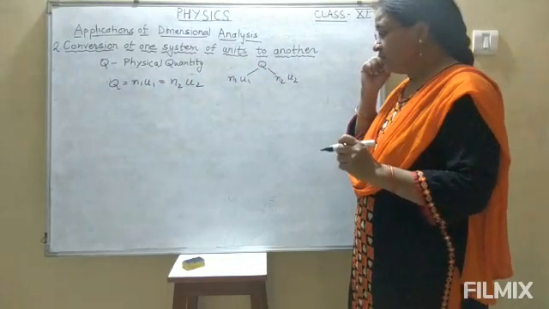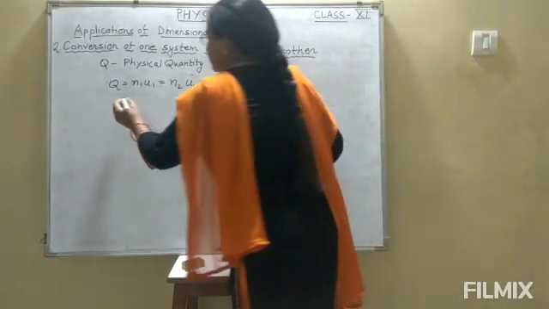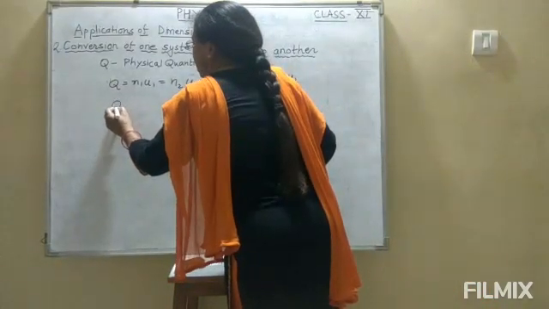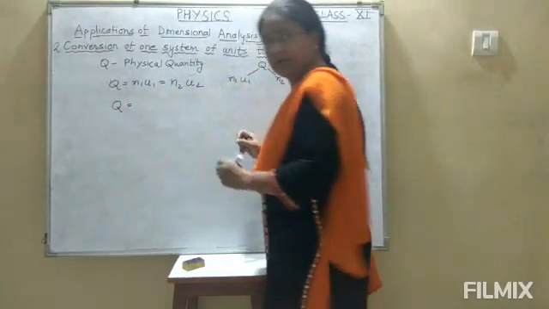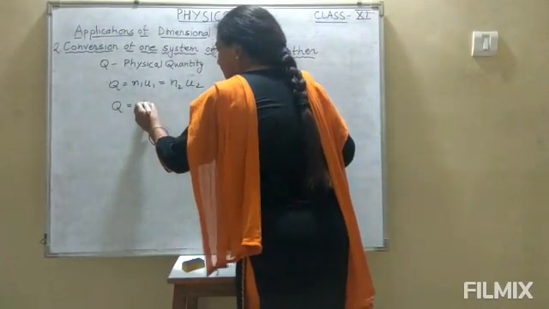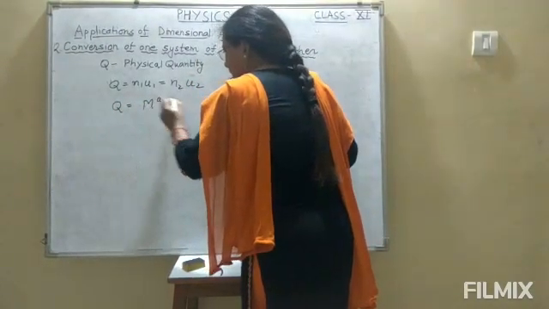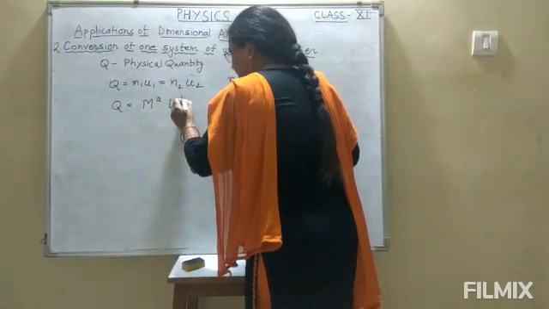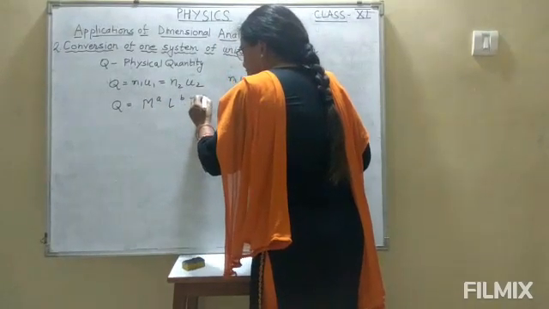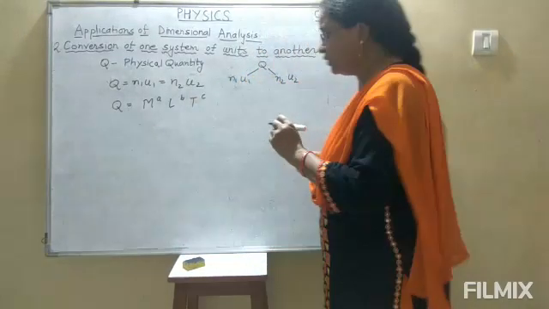Understood? Now we will suppose that the dimensional formula of this physical quantity is M raised to power a, L raised to power b and T raised to power c. Okay.